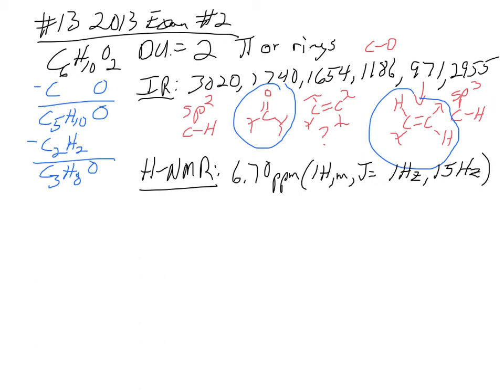Now that should have been a big ding ding coming off in your head. Not a ding ding benzene ring. But you see 15 hertz. You only need to know 2 coupling constants, 10 and 15. And a 15 hertz coupling constant represents what? Trans alkene. Absolutely. It is that. 10 is cis, 15 is trans.